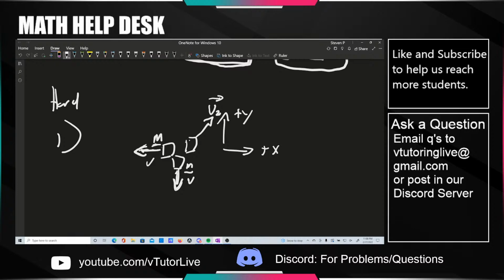And because of conservation of momentum, this one had a momentum of mv downwards, and this one had a momentum of mv leftwards, right? So it's pretty clear that whatever this v2 is, its horizontal and vertical components of momentum have got to be equal in value because this and this are equal. So that right away should be able to tell you what the angle is, right?